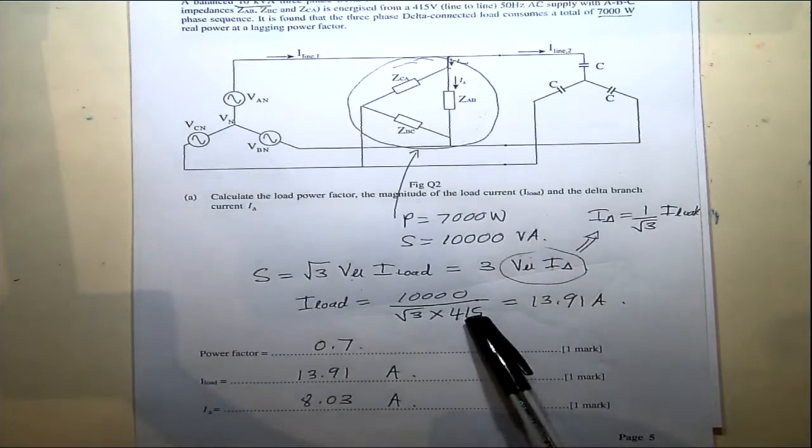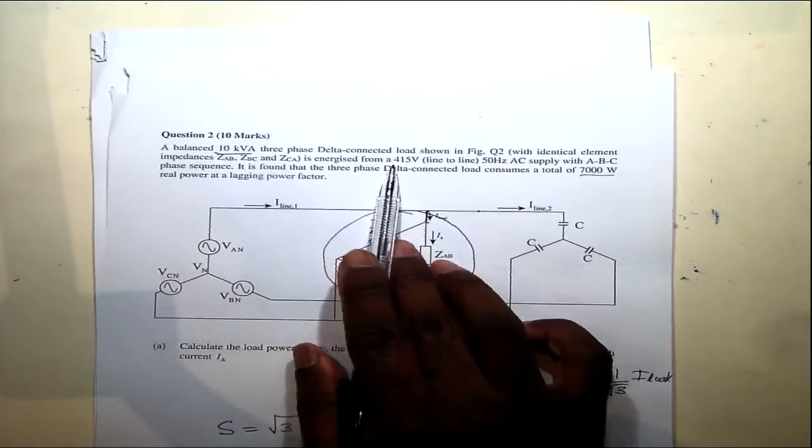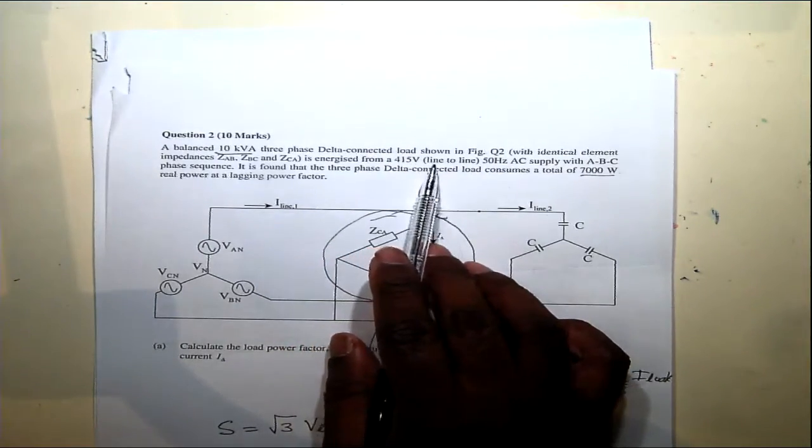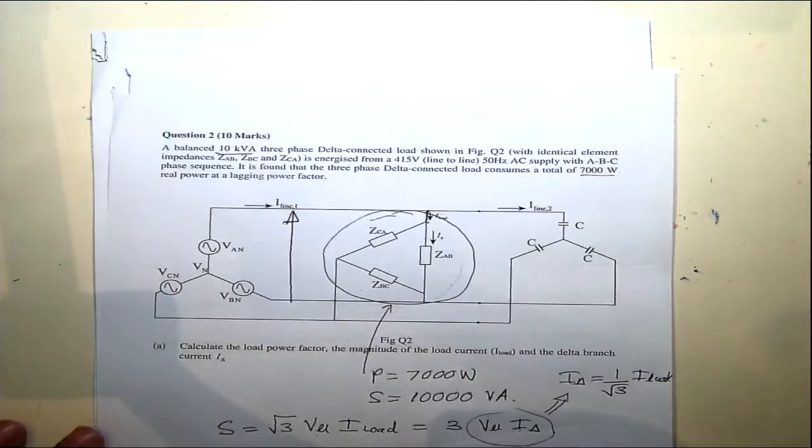For 415, the load is energized from a 415 volt line-to-line AC supply. So this particular voltage is 415.